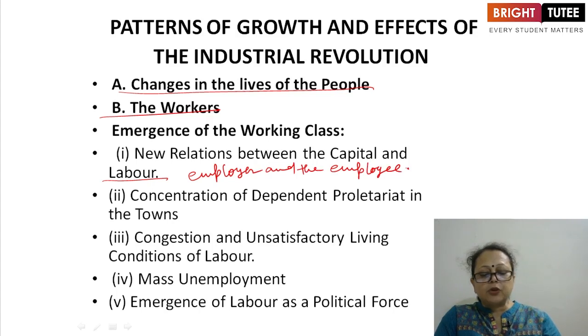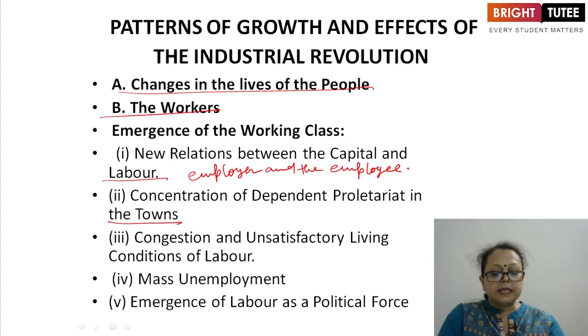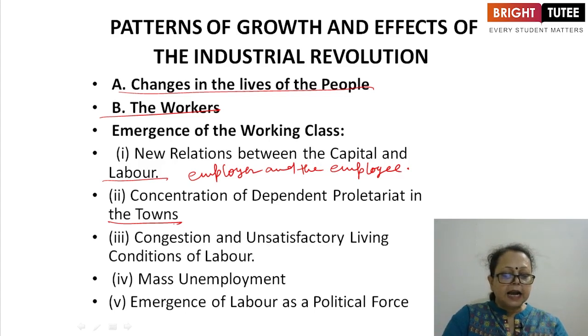Then what does it say about that? The concentration of dependent proletariat in the towns. This is the fact, and the impact of this was a sharp difference between the two classes, the proletarian class and the capitalist class.